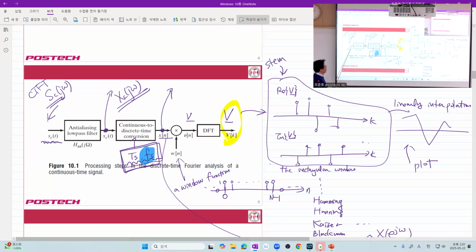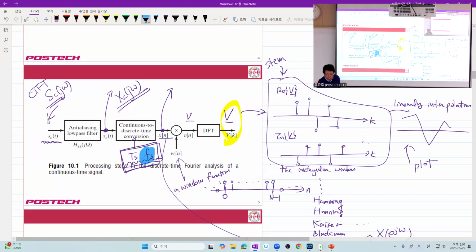Here, subscript c probably means continuous time. And it is not directly uniformly sampled, but first, a low-pass filter is used to avoid or reduce the effect of aliasing. Such a filter is called an anti-alias filter or anti-aliasing filter.